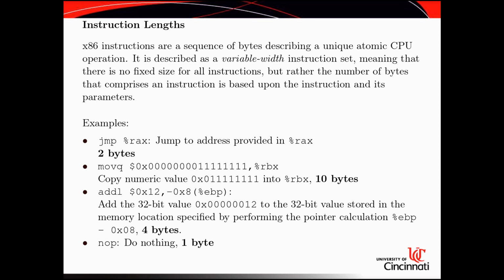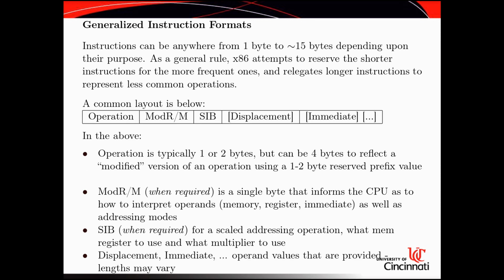The instruction lengths are things you're going to have to understand from the perspective of trying to build patterns and signatures to identify segments of code that are in pieces of malware.